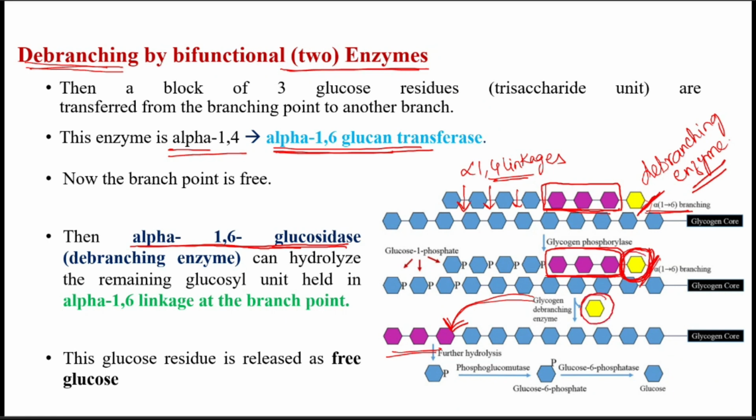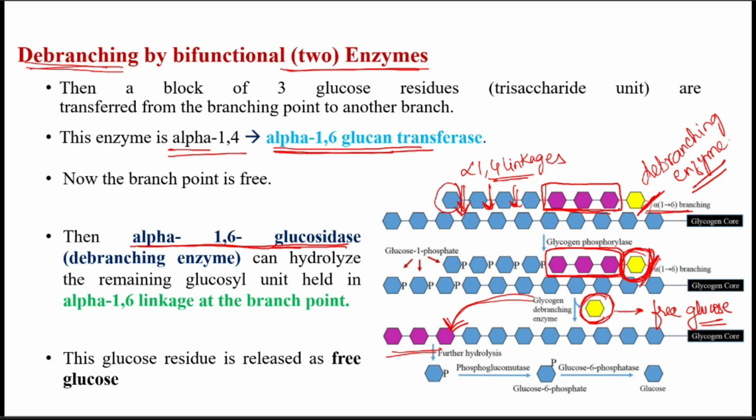The glucose which is held to glycogen with the help of the alpha 1,6 linkage is liberated as free glucose.